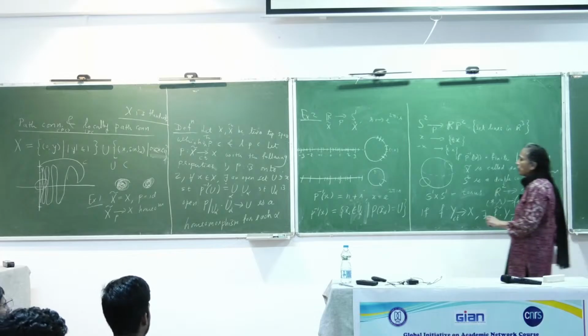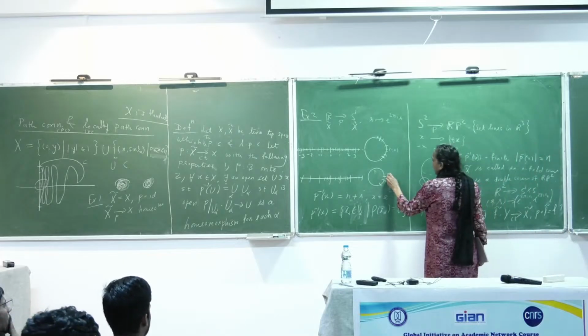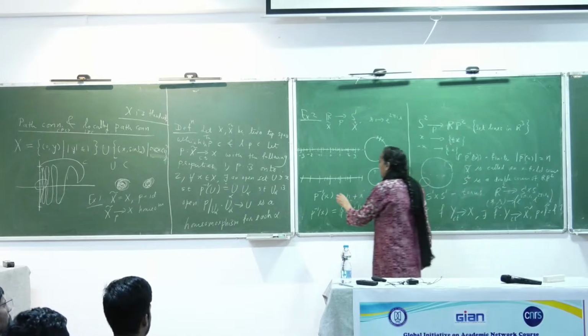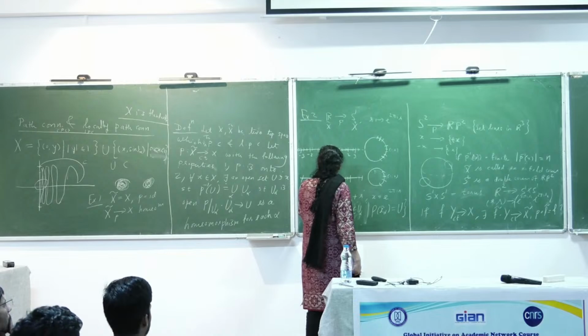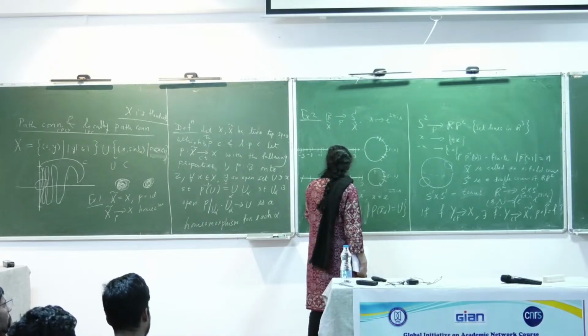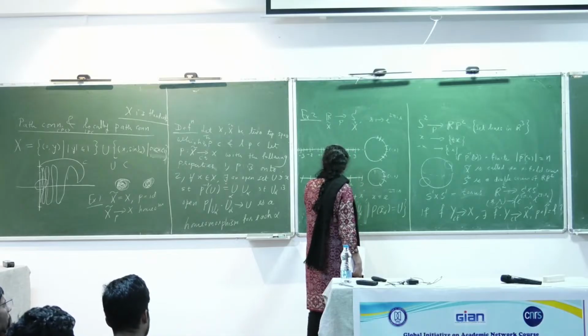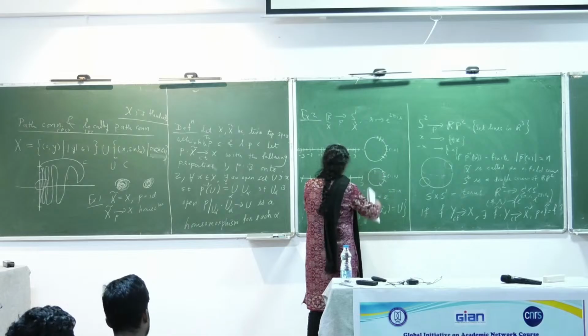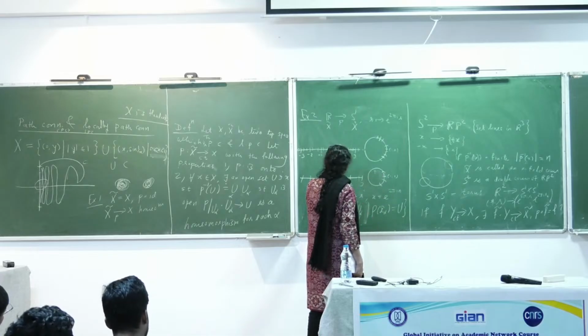For example, if I start at this point 1, 0 and I take this path, it has infinitely many possibilities of lift. Suppose this is 0, 1, 2, 3, minus 1. Then at each point of this inverse image of 1, 0, I can have a path like this.